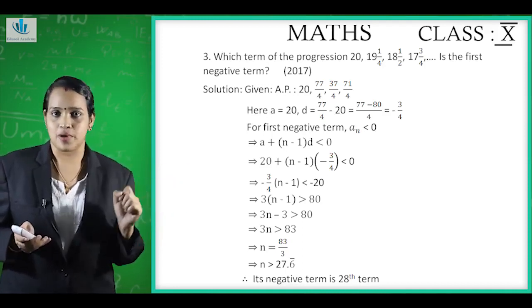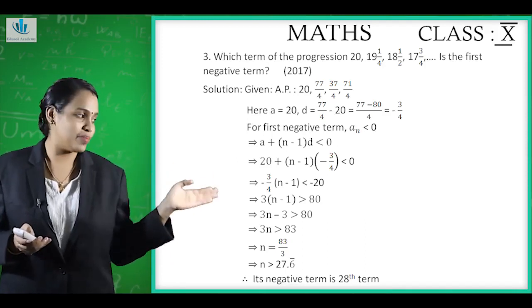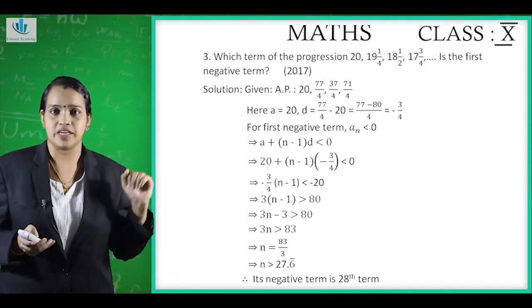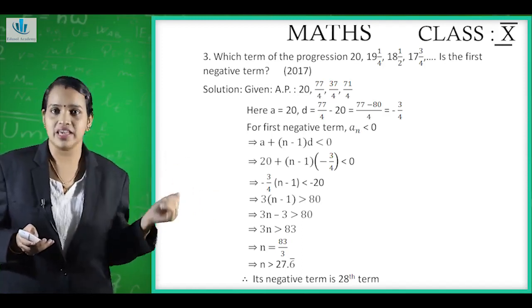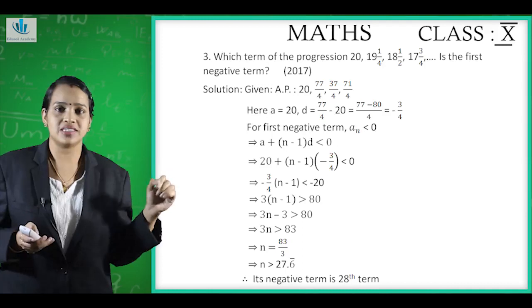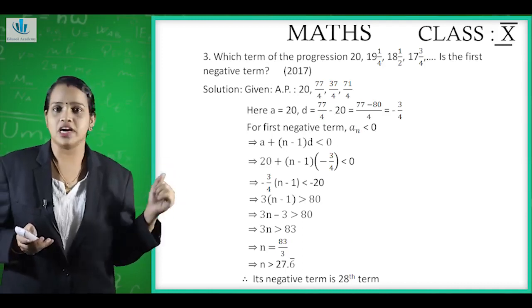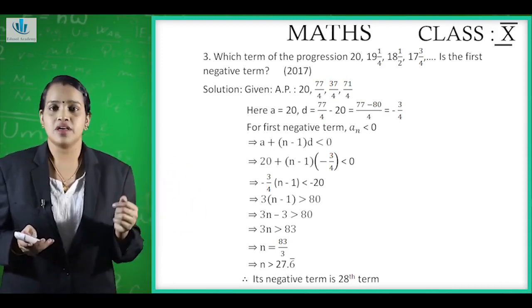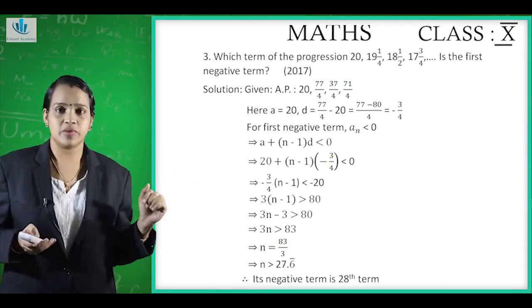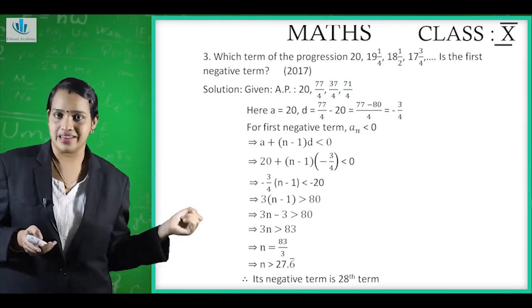Therefore, minus 3 upon 4 into n minus 1, we take 20 on the other side, it becomes less than minus 20. Now, we will take 4 on the other side, it becomes 3 into n minus 1, which is greater than 80. That is 4 into 20, it becomes 80. Now we will open the bracket, so it becomes 3n minus 3, which is greater than 80.